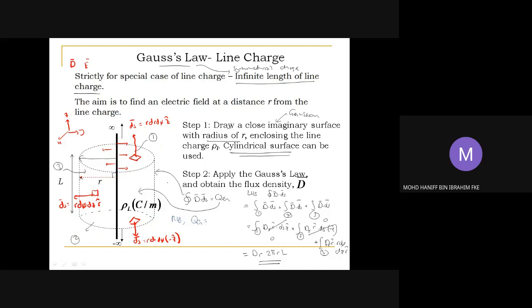Sharik Faisal, are you in my class now? Yes, Professor. Can you please help me? Can you identify what is the enclosed charge here for this particular case? Is it the one in between the cylinder? Correct, which is covered by the cylinder.